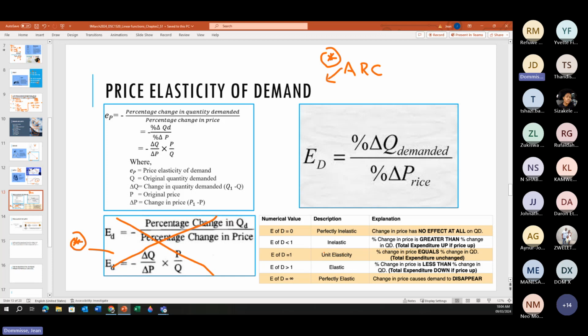How I normally like to look at this is on a number line, where I would have 1, I will have -1, and you can see if it's less than -1, it's inelastic.